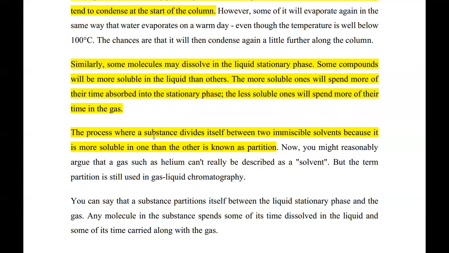That's a point that I'd said earlier: partitioning coefficient, and all that. So there are moments when the substance divides itself between two immiscible solvents because it is more soluble in one than in the other. It's called partition. Let me close here and then explain more about the partitioning coefficient, because that's my job.